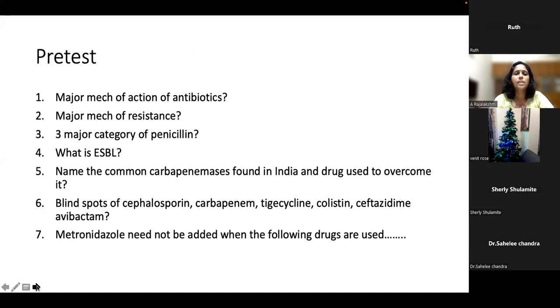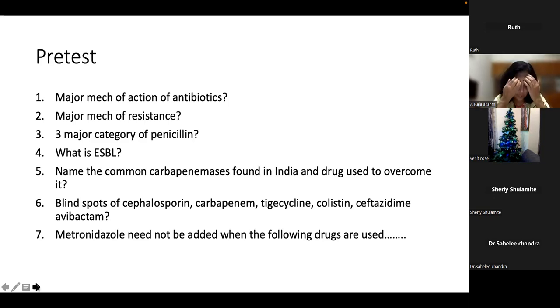The pre-test has these 7 questions. One: what are the major mechanisms of action of antibiotics? There may be many; if you can highlight 3 or 4, it would be good. Two: major mechanisms of resistance. Three: the 3 major categories of penicillin. Four: what is ESBL? Name the common carbapenemases found in India and the drug used to overcome them. Five: name blind spots of some antibiotics.